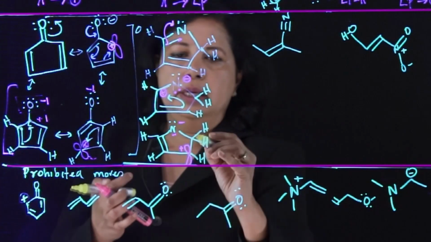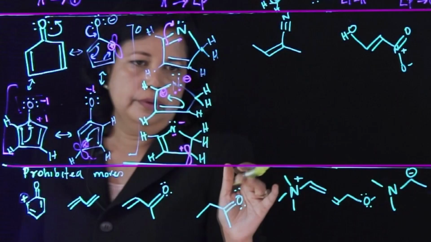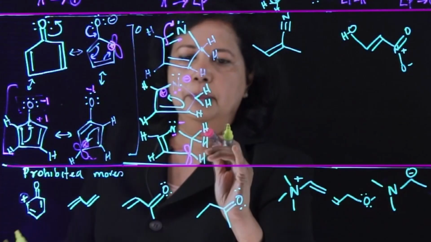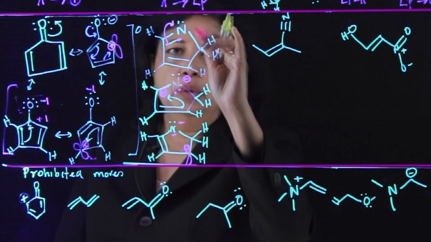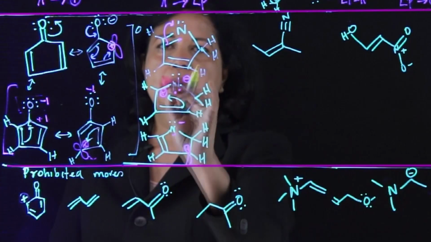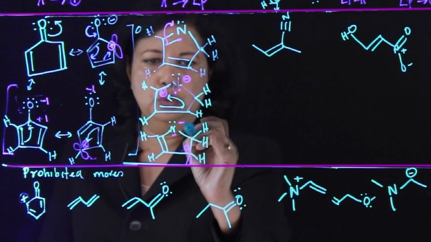Now what do we do? Can we take this and move this over here? Never, right? Because sigma bonds cannot be broken. So now we've got to go in the opposite direction in order to go back to our parent. So this comes back, we go here, and this comes back, and we go here. And I'm going to just do that, just like that.